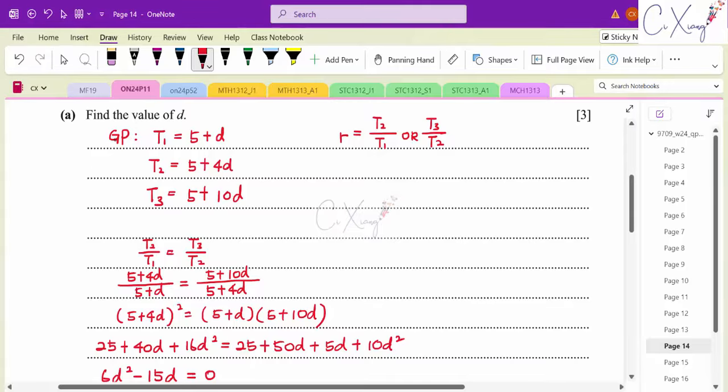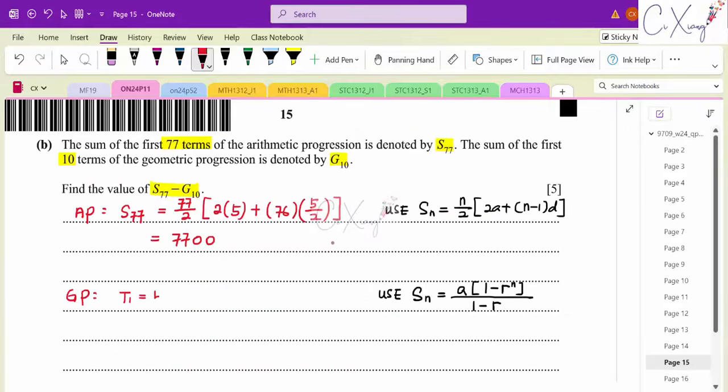First term of the geometric progression is equal to 5 plus d. So I go back and substitute 5 plus d, where d is 5/2. Okay, so you have 15/2.